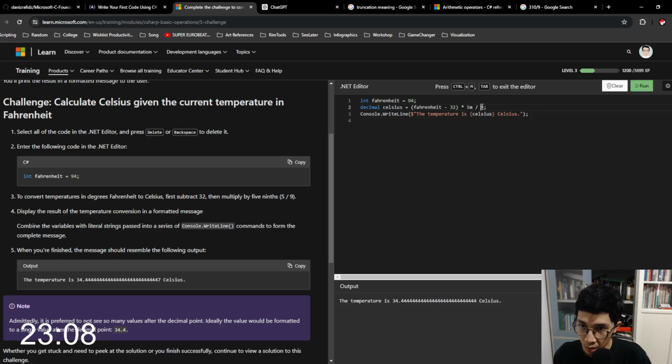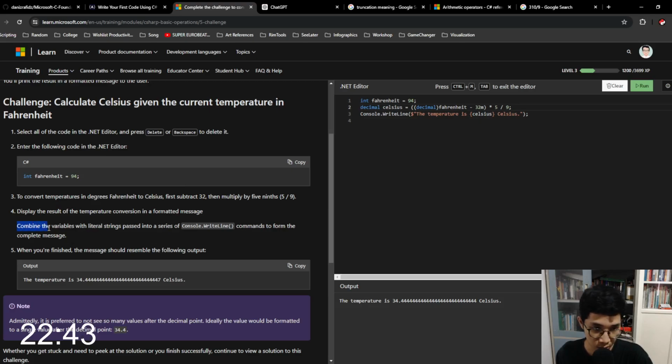Yes, and it will. What if I put it in here? Okay, I see, it will still work fine. What if I make this a decimal? Will it work fine as well? Yes, it does work fine.